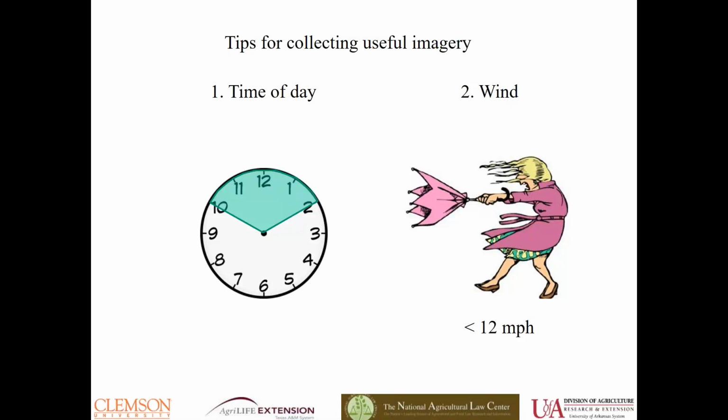When collecting imagery, we have a few helpful hints. First, if you read most remote sensing books, they will tell you to collect images between 10 a.m. and 2 p.m. The reason is to minimize shadows. Next, wind is a major consideration from a flight standpoint and from an imagery standpoint.